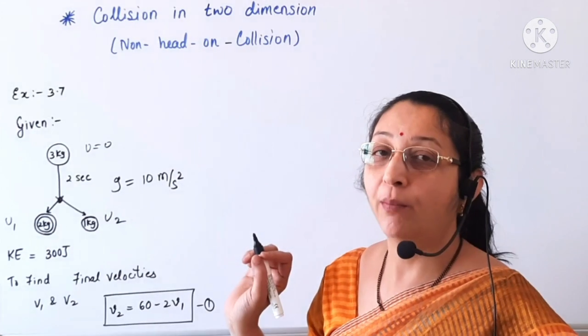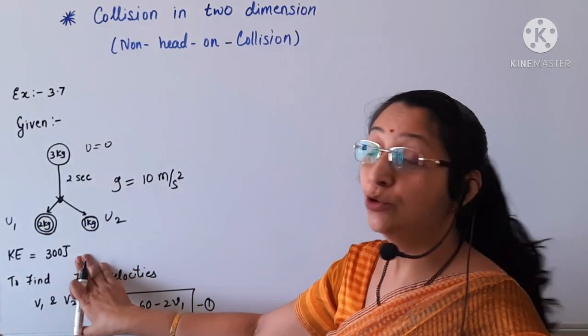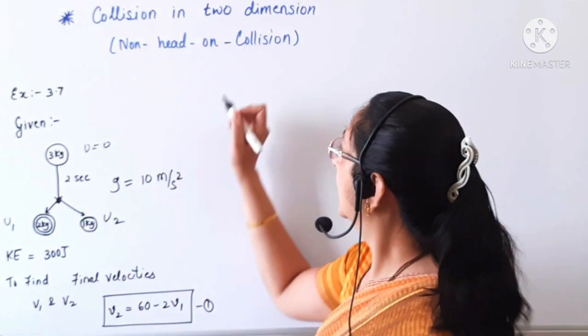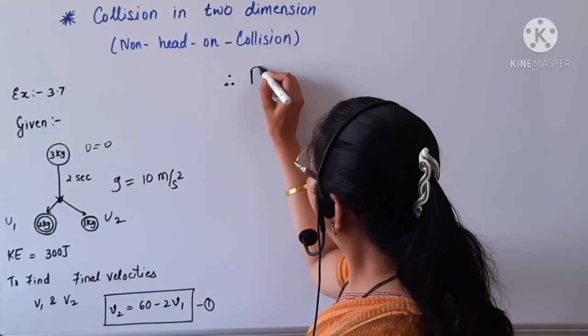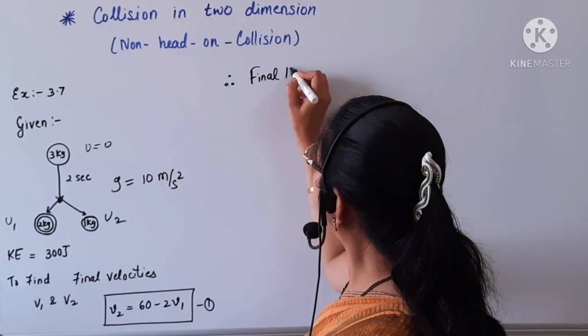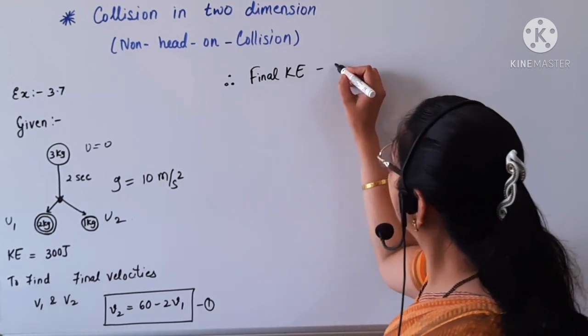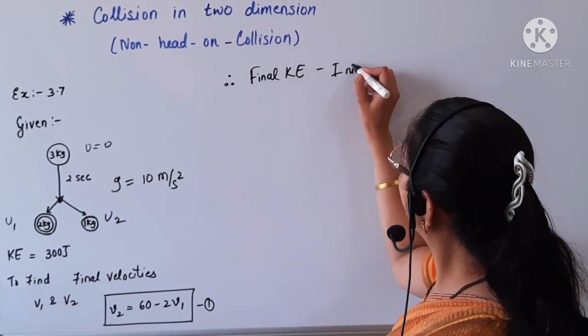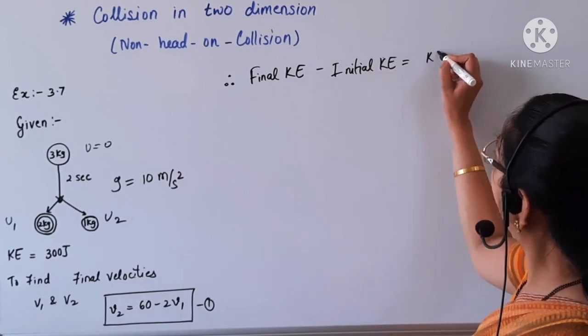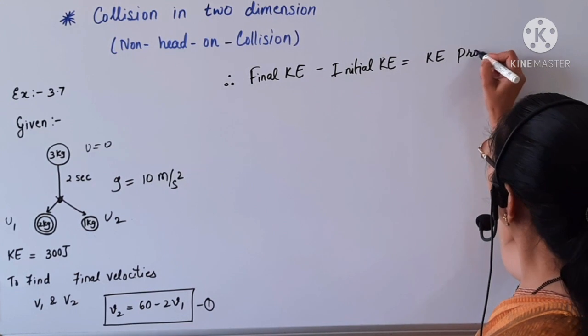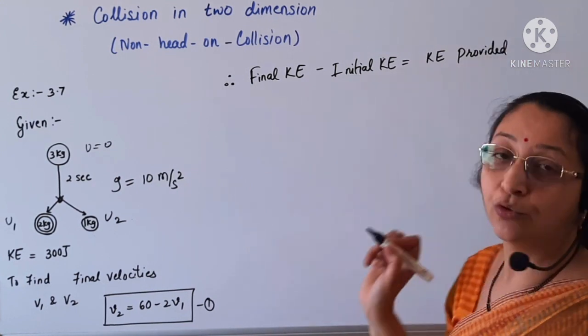Now, according to the problem, the kinetic energy provided due to the explosion is 300 joules. Therefore, the final kinetic energy minus the initial kinetic energy is equal to the kinetic energy provided due to the explosion.